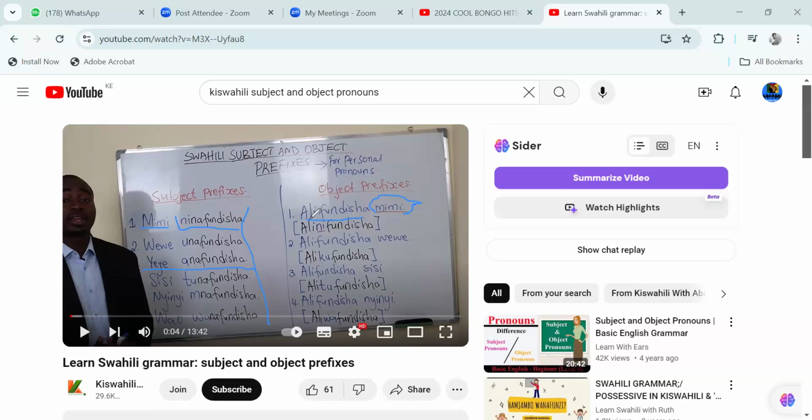Remember the word li means past tense. If you can recall, the li here in the word alinifundisha means the teaching took place some time back. The na in ninafundisha is the tense, which means it is a present continuous thing. You remember that? When you had the na, the li, the ta, and the me.